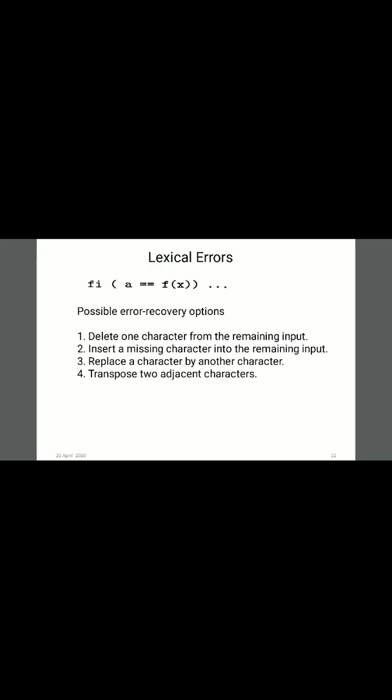Or else it can replace a character by another character. That possibility is also there. These are all the panic mode recovery strategies, something very simple, so that instead of stopping execution whenever it encounters an error, the lexical analyzer can manipulate the input and then proceed.